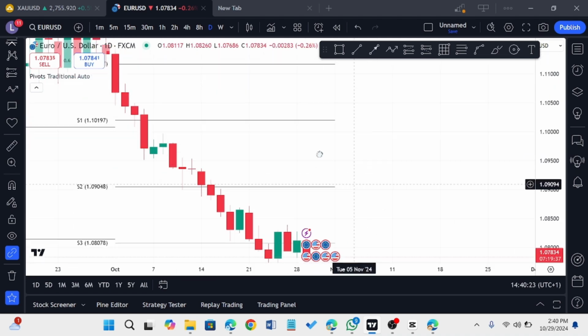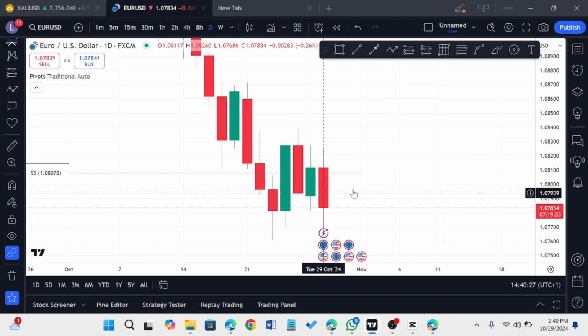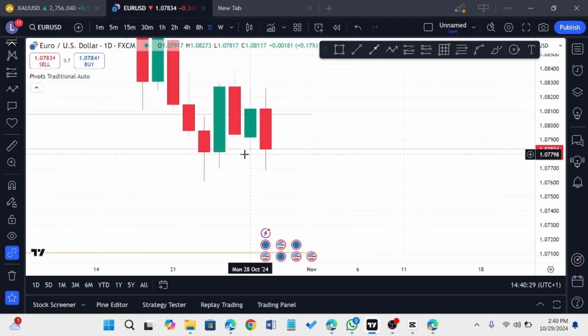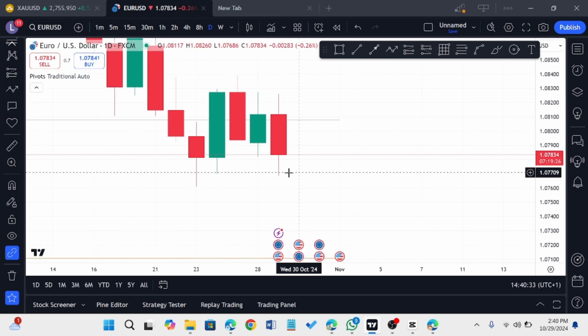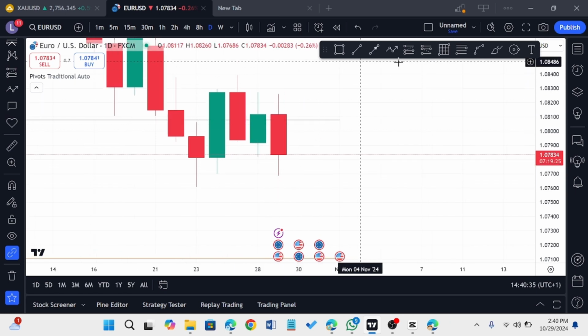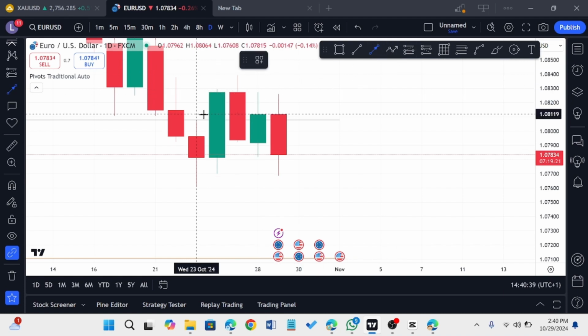So let me explain. This is the daily chart, and you can see the previous day was a bullish day, and to calculate the baseline, which is P, you're going to add the high, which is this. Let me use my arrow to demonstrate this.